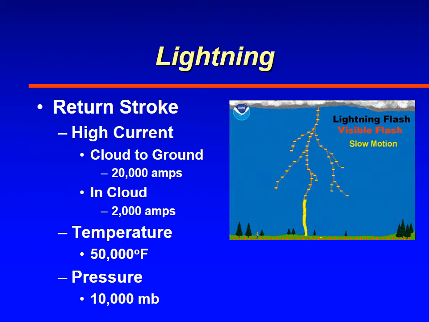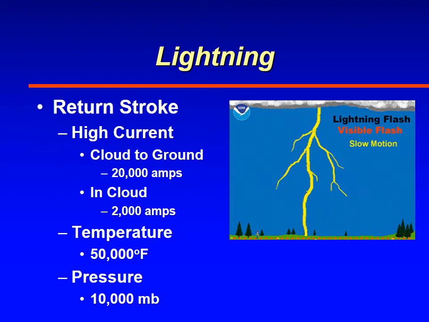So the return stroke is, of course, the visible flash, and it's very high current, typically 20,000 amps for a cloud-to-ground strike. But in-cloud strikes tend to be rather weak, and that's only 2,000 amps. 2,000 amps is nothing to sneeze at, but it is pretty intense.